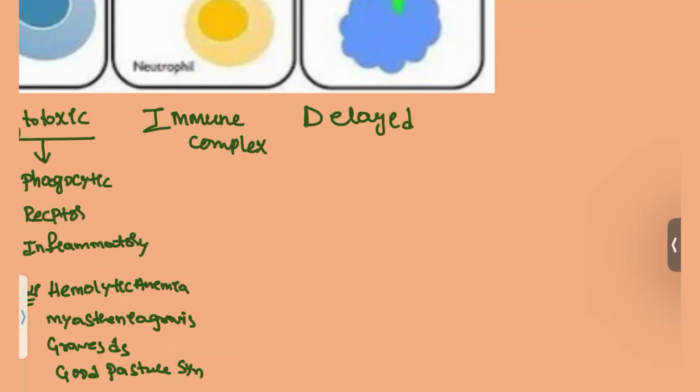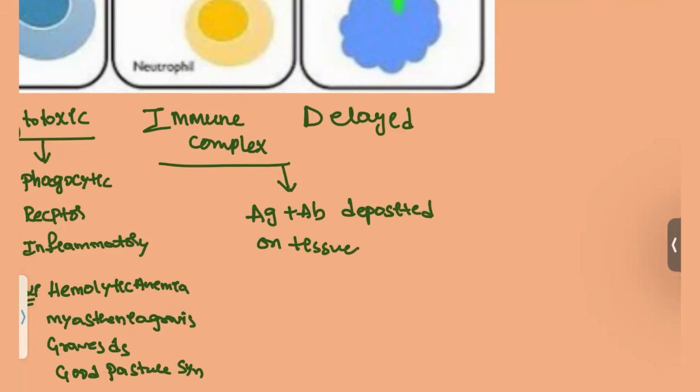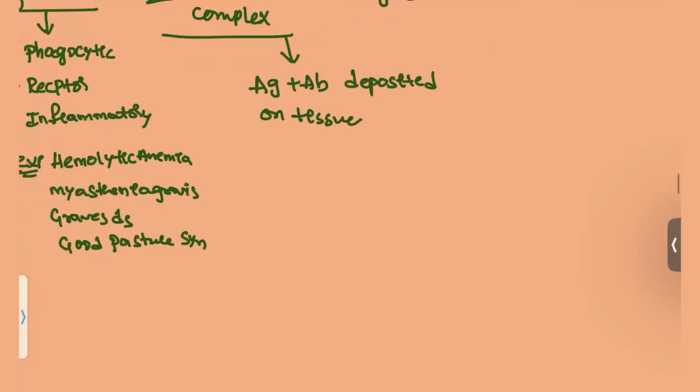Type 3 immune complex related. What is happening here is that both the antigen plus antibody are going to deposit in the tissues, where they are going to start the damage with the help of the complement system.